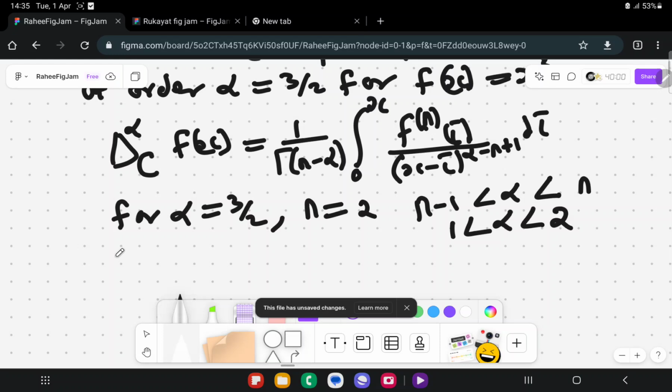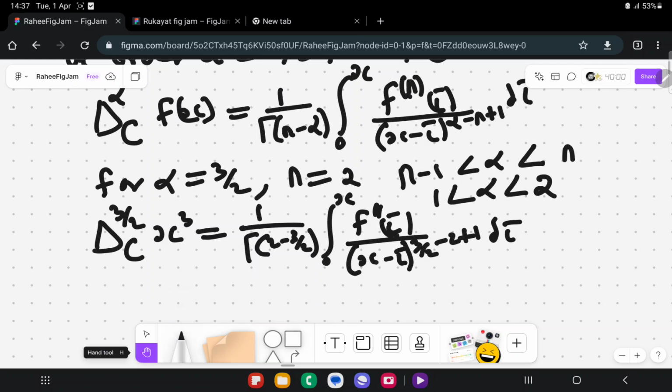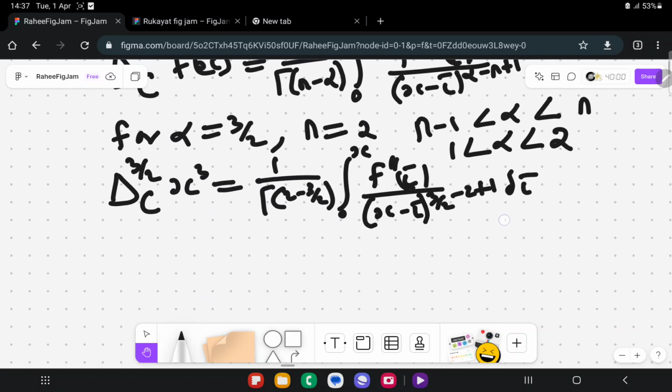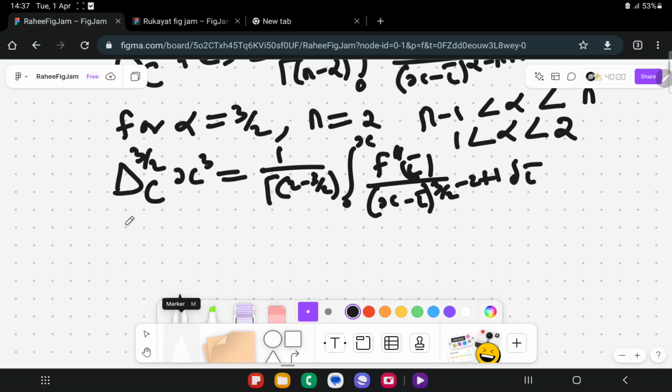So here is what we have. Alpha is equal to 3 over 2. When we substitute the value of alpha and n, this is what we have. Simplifying this, we have this 3 over 2 Caputo derivative of x cubed.